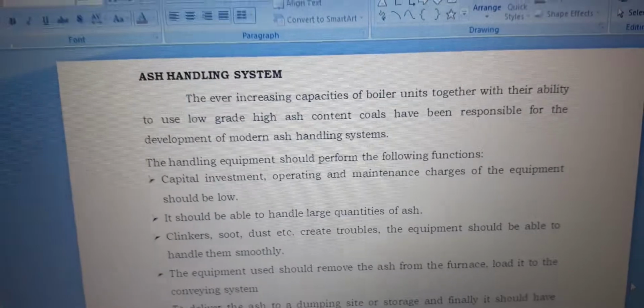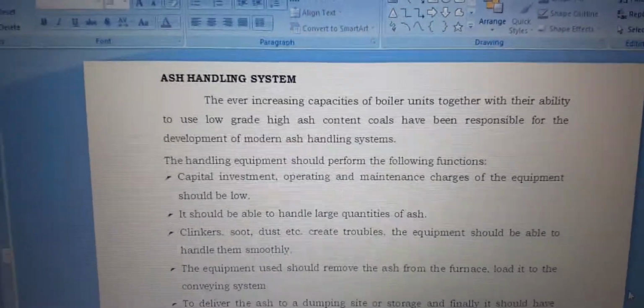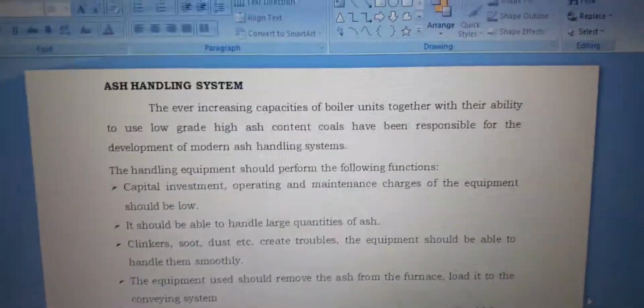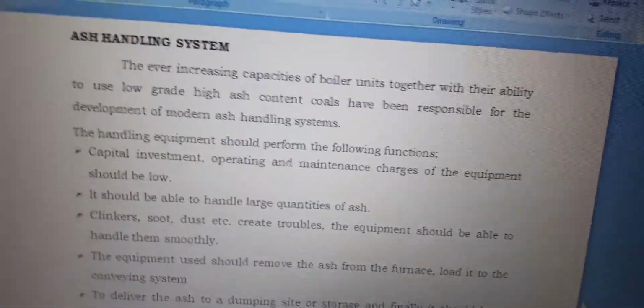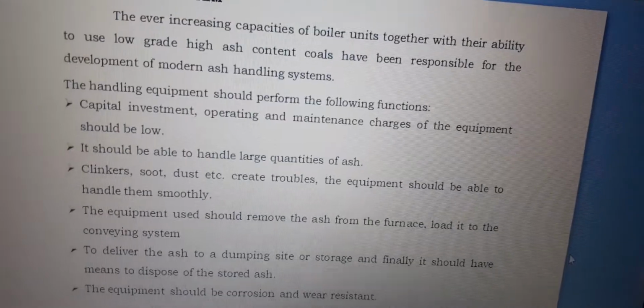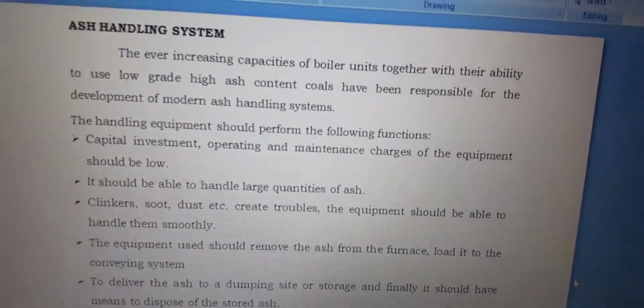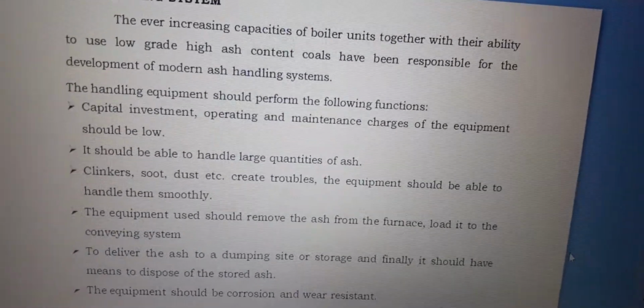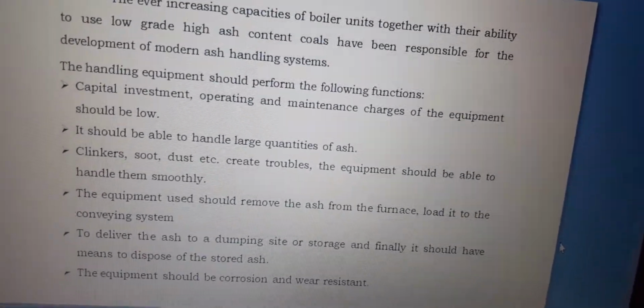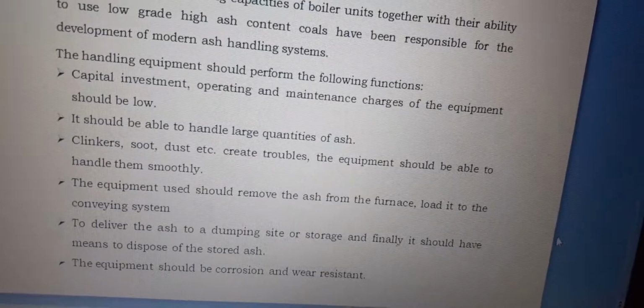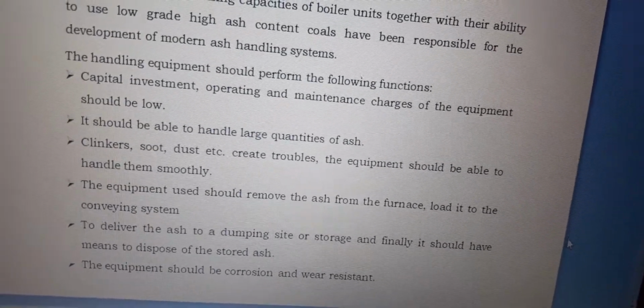Ash handling system: the ever increasing capacities of boiler units, together with their ability to use low grade and high ash content coals. The handling equipment should perform the following functions. Capital investment, and operating and maintenance charges of the equipment should be low. It should be able to handle large quantities of ash.